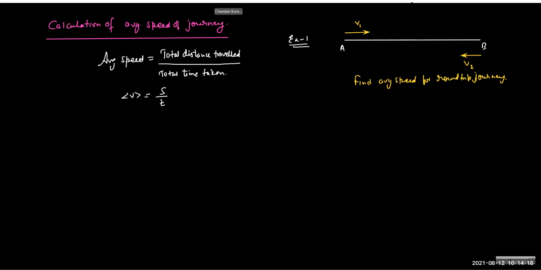Correct. Very good. Now you can simplify because X will cancel out. You can take X common, right? And then X will cancel out. So you'll get something only in terms of V1, V2. It's 2 v1 v2 upon v1 plus v2. That's the right answer.